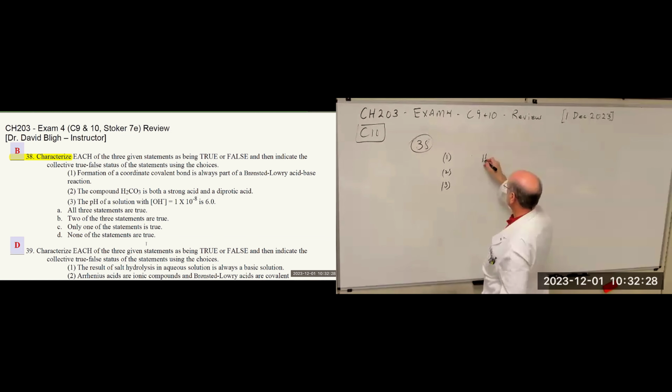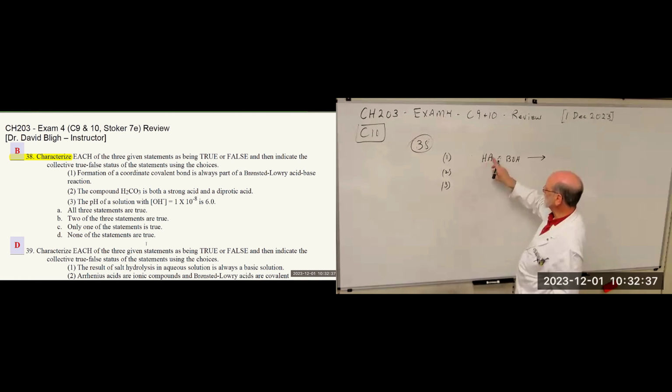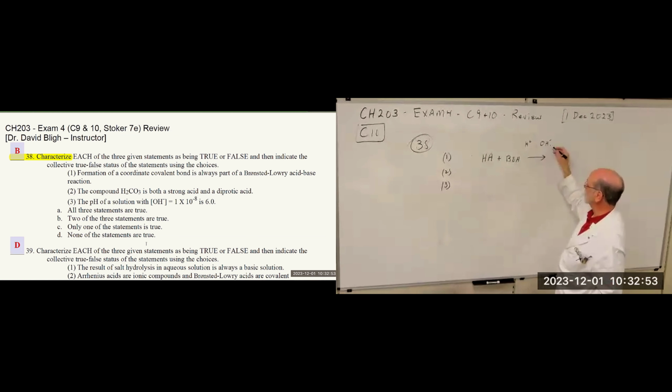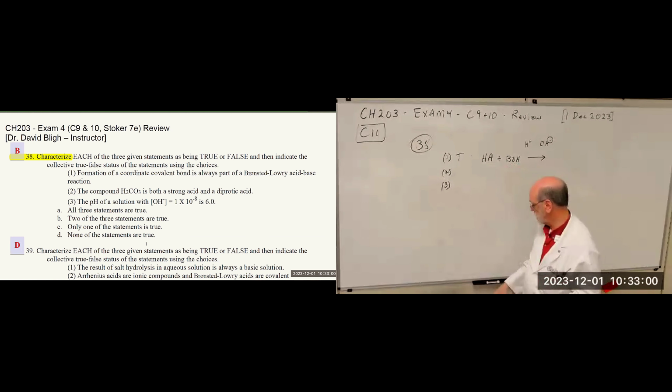There's your acid, there's your base. When this separates from that one, it leaves its electron behind. And when this separates from that one, its electron is here. So when the bond forms between OH minus and that one, the bond is produced by electrons from this species. Yeah, that's true. That's a coordinate covalent bond.